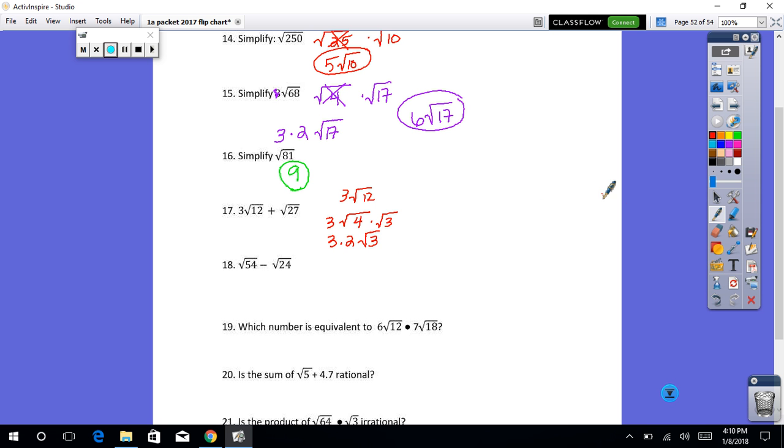Okay, so I'm done with 1. I end up with 6 square roots of 3 plus, let's do the other one. The square root of 27 is the square root of 9 times the square root of 3.